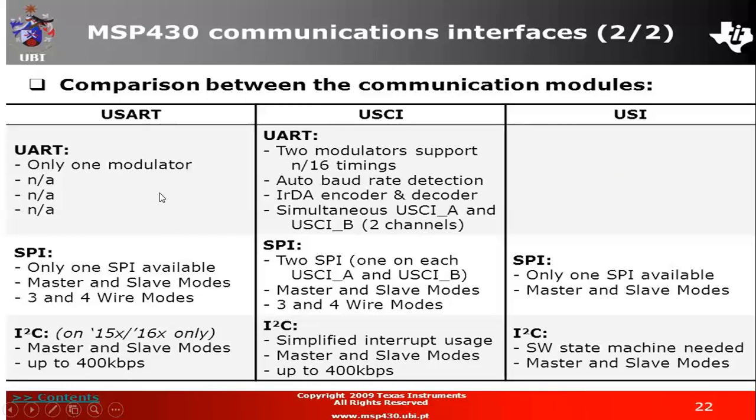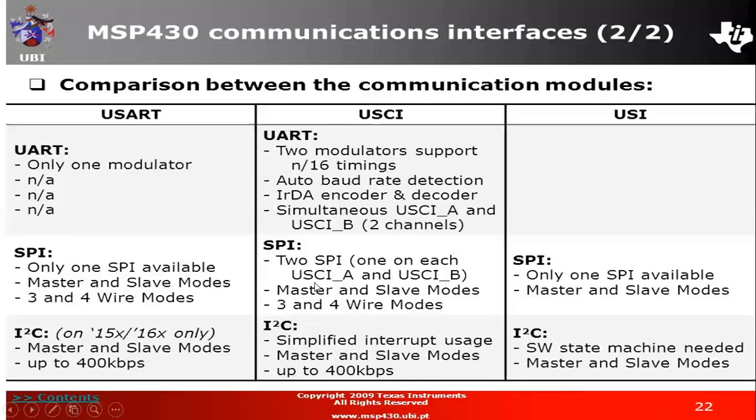Coming to the USART, it has one SPI module available. It operates in master and slave mode, and it supports three-wire or four-wire modes. In USCI, two SPI modules are available.